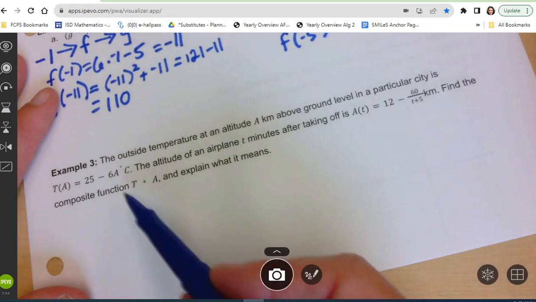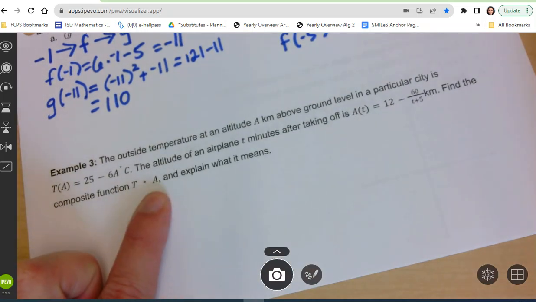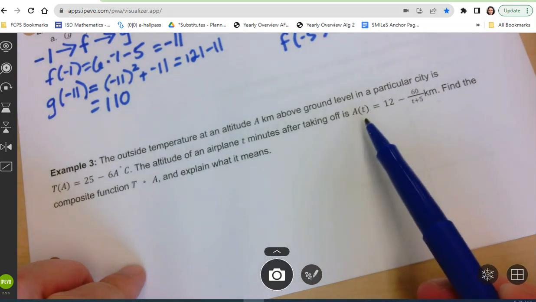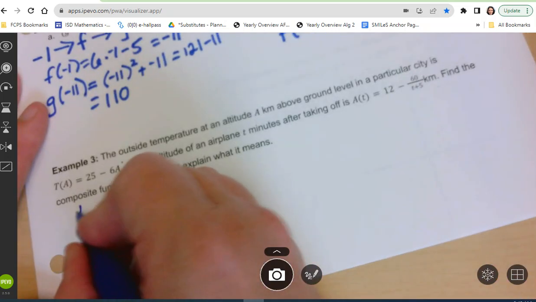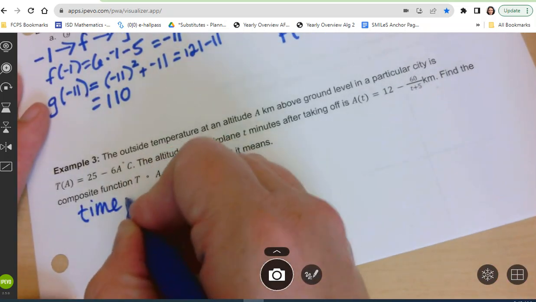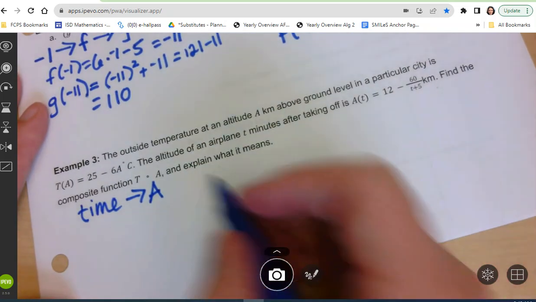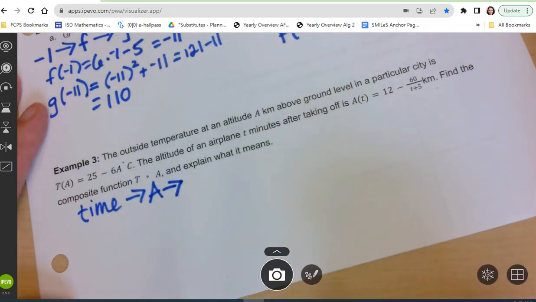All right. So this is T of A. What is the input in function A? What is the input in function A? It's A of what? Little t, right? What does little t stand for? Time. So time goes into function A, right? Function A goes into function t. And what does the big T stand for?